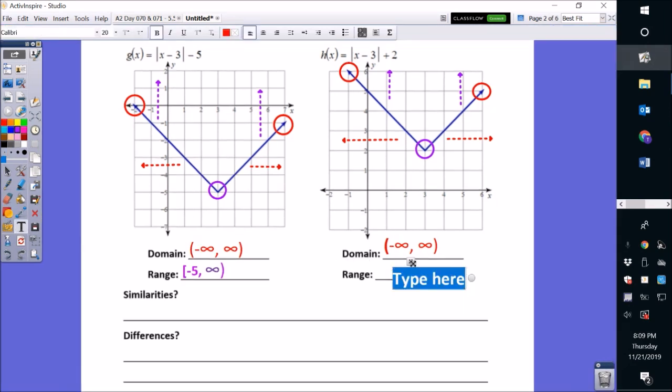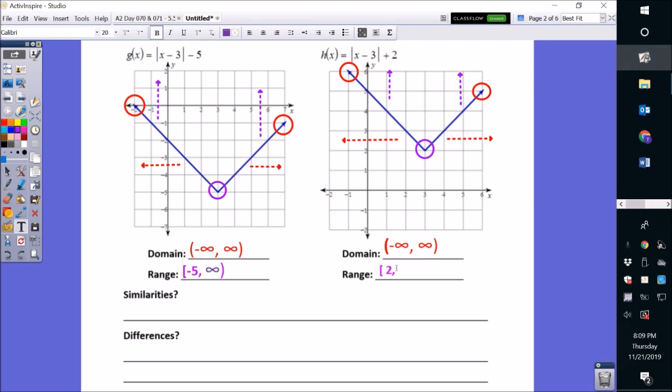So since the bottom is actually at a number, which is in this case 2, I'm going to be using the bracket. And so it's positive 2, so I'm going to type in 2, then comma, and then again, the top y value of the graph, it goes on forever, so that means it's going to be going towards infinity.